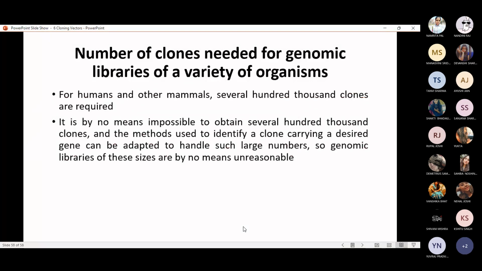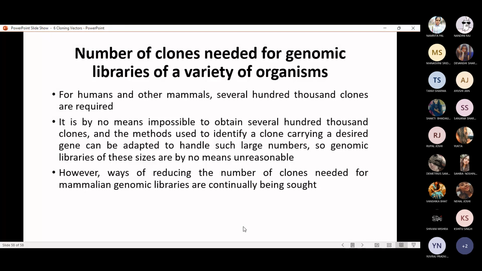For human and other mammals, several hundred thousand clones are required, as you can see in this table. It is by no means impossible to obtain several hundred thousand clones, and methods to identify clones carrying desired genes can be adapted to handle such large numbers. So a genomic library of this size is by no means unreasonable. However, reducing the number of clones needed for a mammalian genomic library has continually been sought.